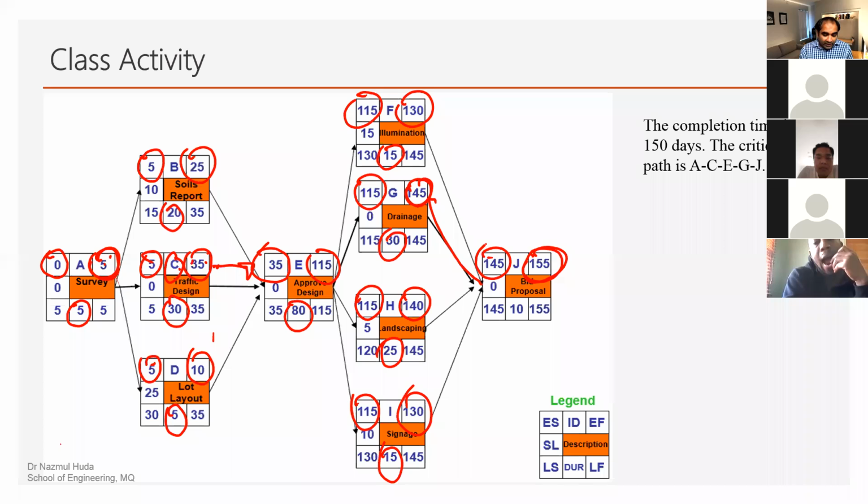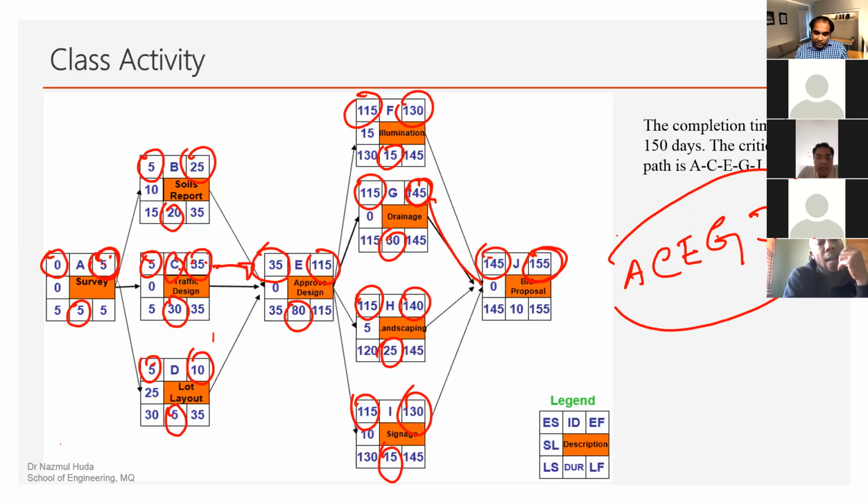Okay, so A, C, E, G, J. That's right. So A, C, E, G, J. So this is the critical chain, and the total duration of the project is 155 days.